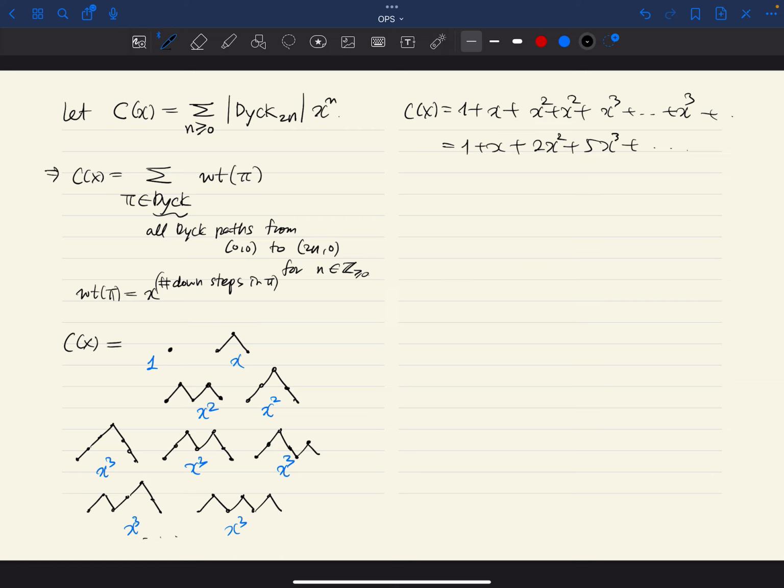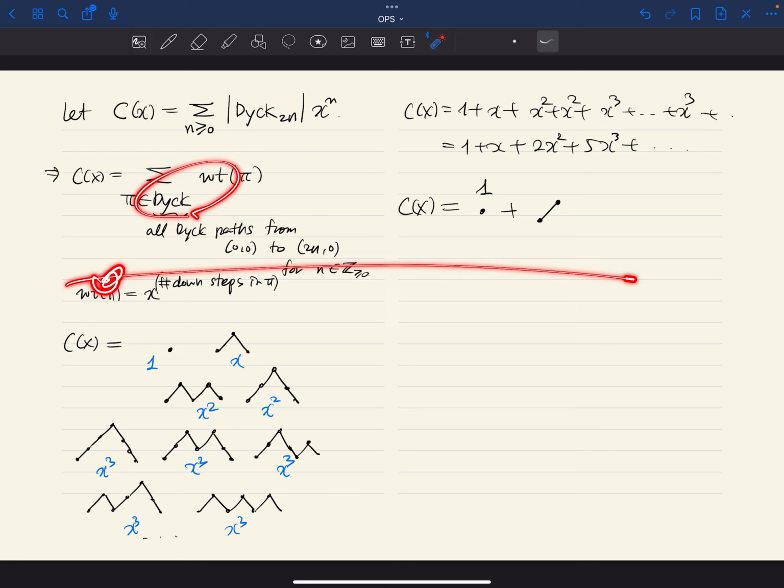So C of x in this picture, you see we have one Dyck path of length 0, which will give you 1, right? But otherwise, it will always start with an up step. So either it is 1 or it must start from an up step. And because it must go from origin to end, it must return to the x-axis.